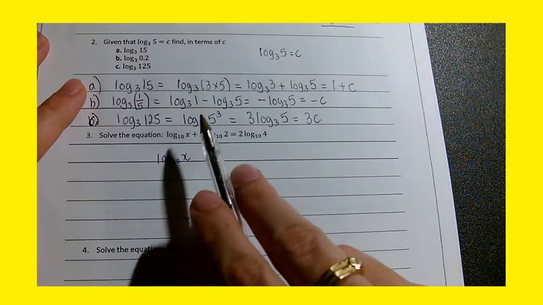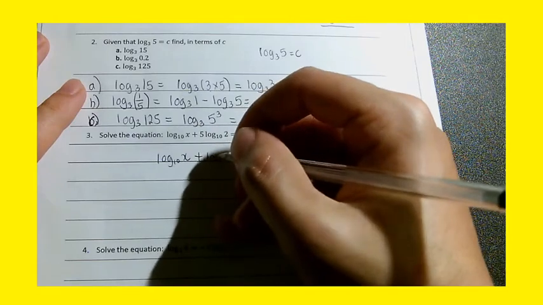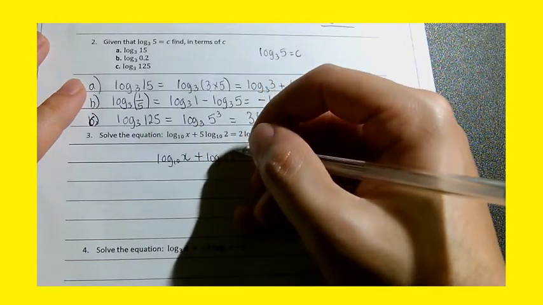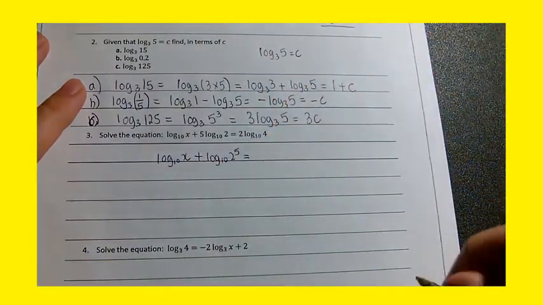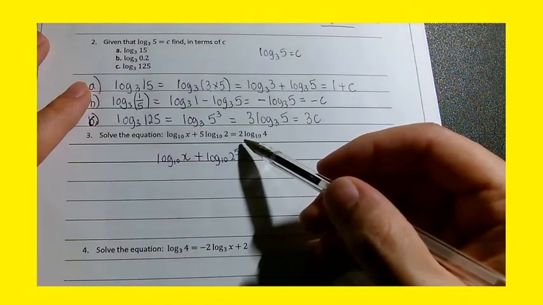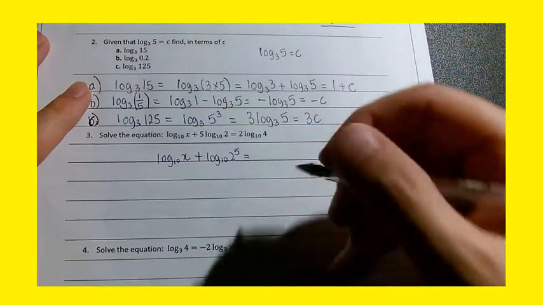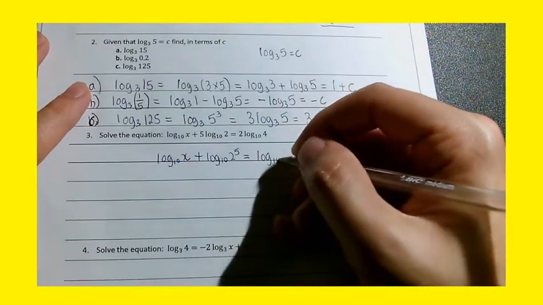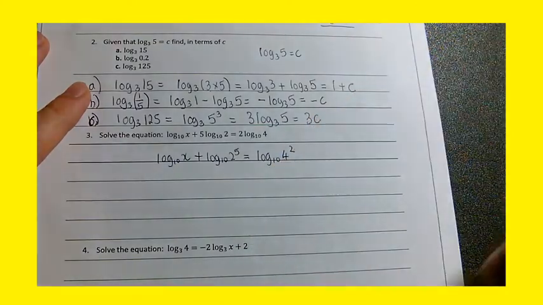You've got a number in front of a log. And if there's a number in front of a log, it's always best to bring that number up as the power. So instead of 5 log base 10 2, I'm going to write log base 10 of 2 to the power of 5. Similarly, I've got this 2 outside of this log, so I'm going to write this as log base 10 of 4 squared.